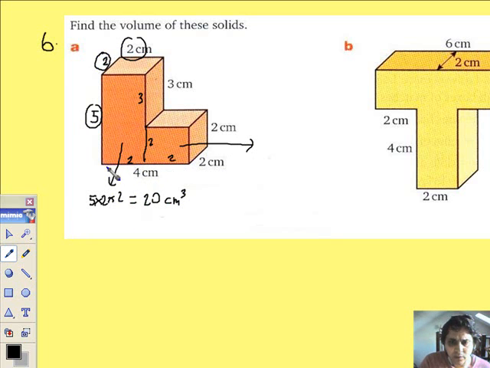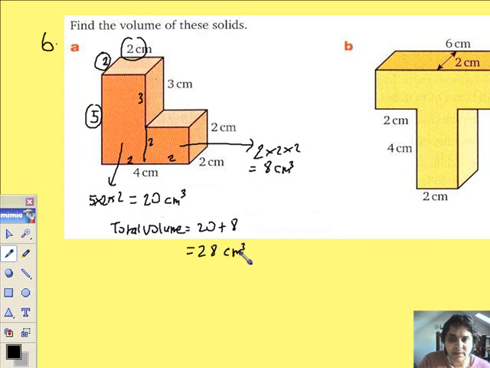And if the whole thing is 4, then this must be 2, because 2 times 2 plus 2 is 4. So I've got a 2 by 2 by 2 block. Alright, 2 times 2 times 2. That part is a cube. That's 8 centimeters cubed. So total volume is going to be 20 plus 8 equals 28 centimeters cubed.